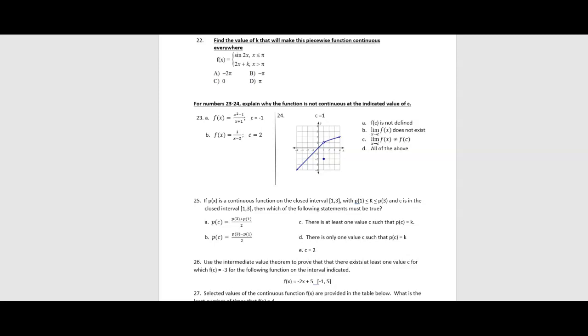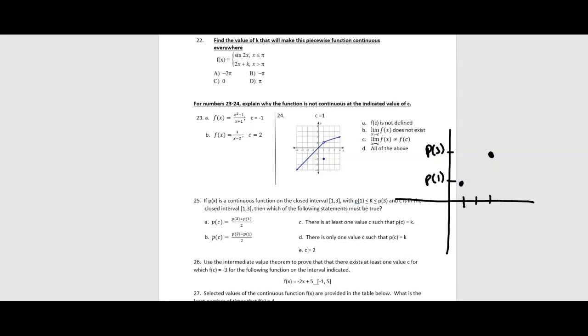Okay, so let's think about it a little bit. We have a point at 1 and p of 1, and I don't know where p of 1 is, so I'm just going to put p of 1 there. And then at 3, we have another p-value. We'll just put that there, just making up points.